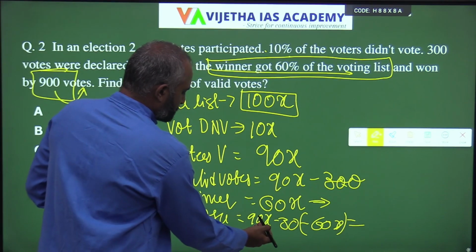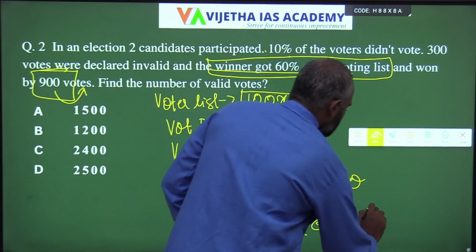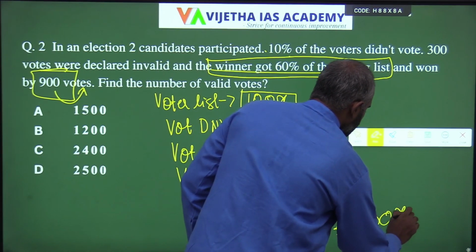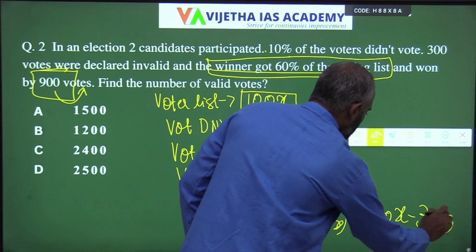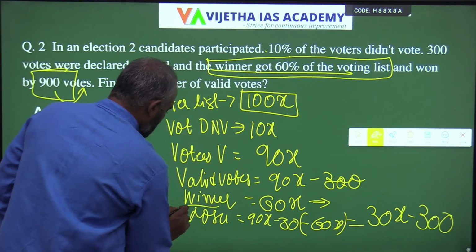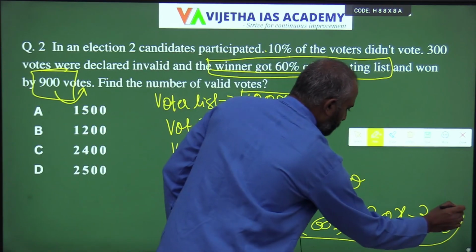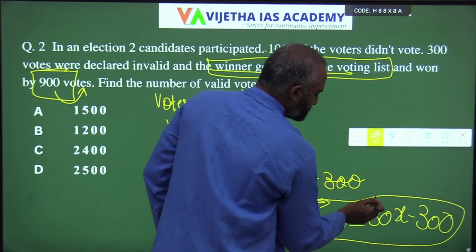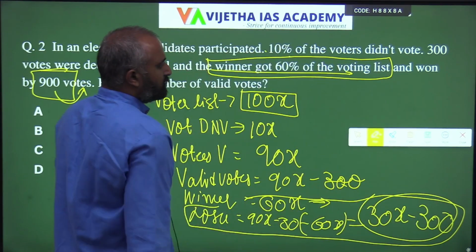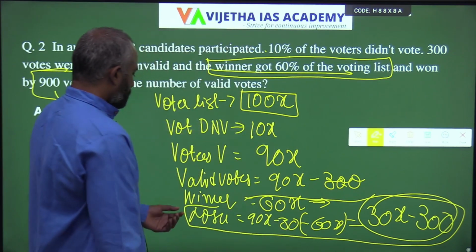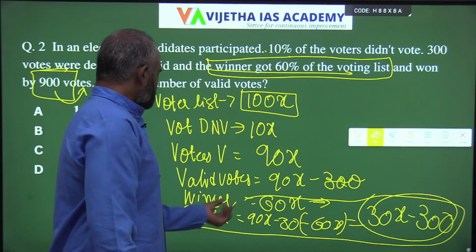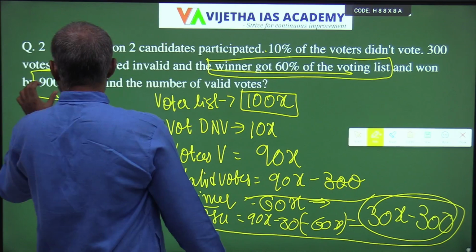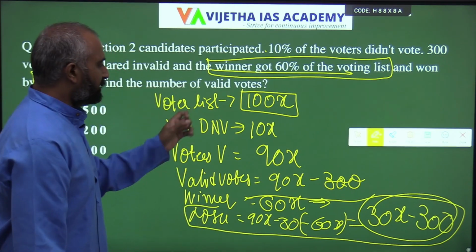It is nothing but 90x minus 60x minus 300, which is 30x minus 300. If you are exposed to problems, you could directly arrive at this point. So this is the winner's, this is the loser's, and the difference is 900. You need to arrive at this.